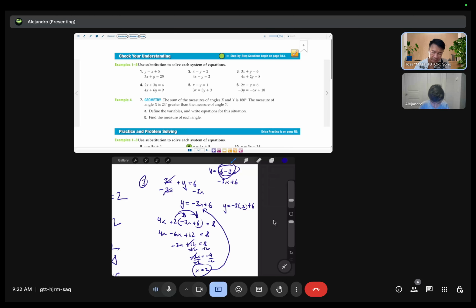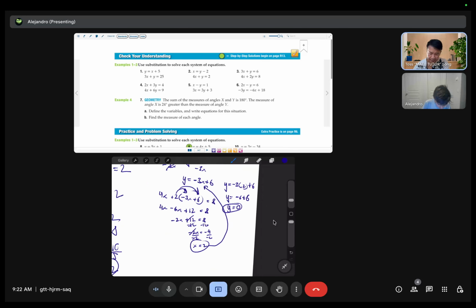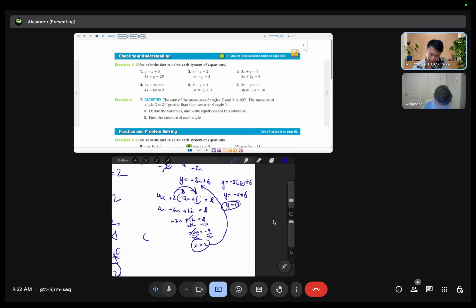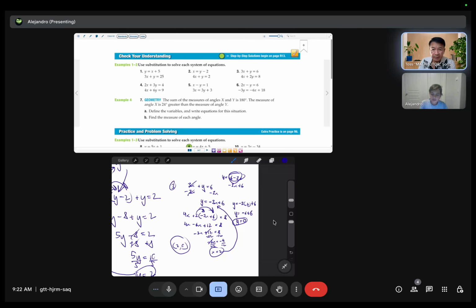You can put it wherever. So it becomes negative 6 plus 6. Therefore, y equals 0. Negative 6 plus 6 is 0. So there you go. And then you can put it in coordinate form. What is that? 2 comma 0 for number 3.